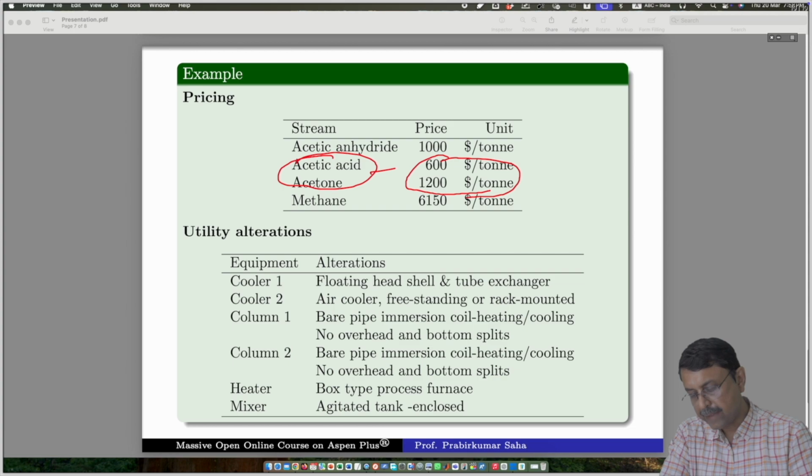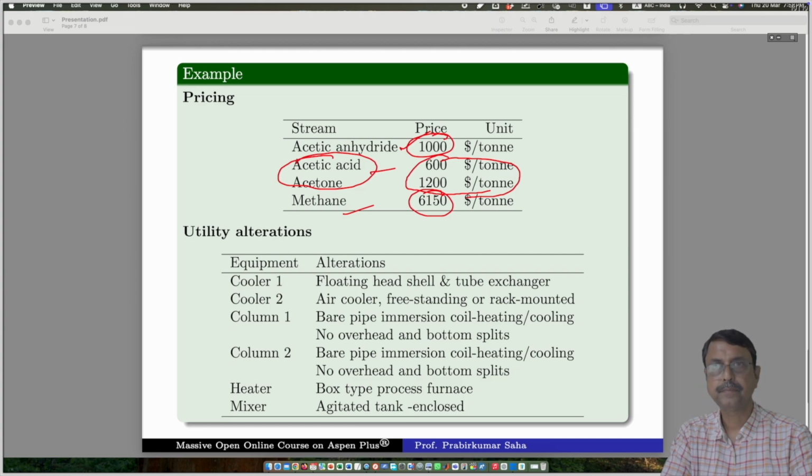Whereas acetic anhydride and methane are sellable products. Right? So if we sell them in the market, this is the market price. For methane, it is $6,150 per ton, and acetic anhydride, it will be $1,000 per ton. So by selling these in the market, we will generate revenue. Okay, so we have to use this pricing information in the costing options.